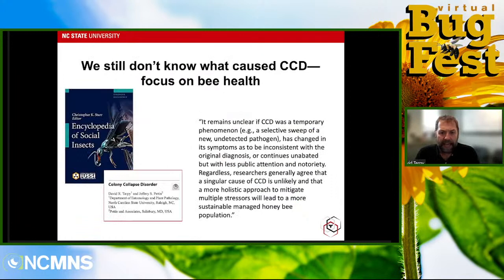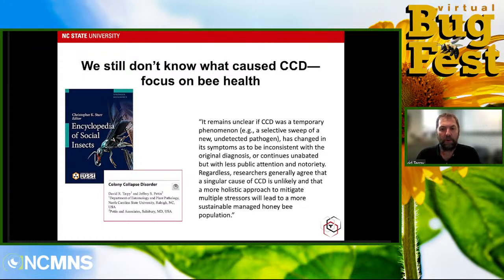So today, we still don't really know what caused CCD in honeybees. But I think most researchers for a while now have stopped focusing on a singular cause for this relatively rare reason why colonies were dying off.